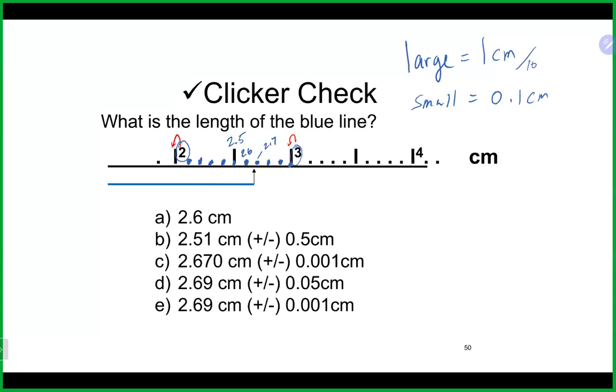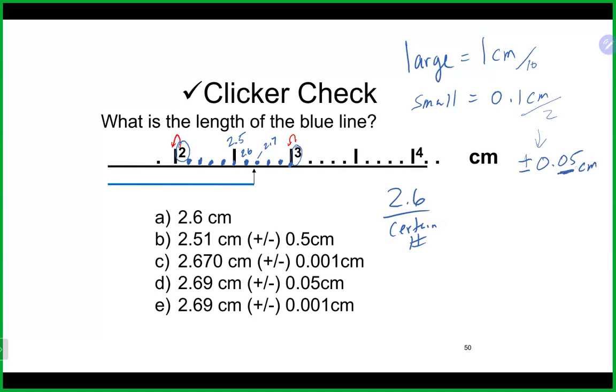We could clearly see, as we talked about, we want to record the certain numbers, so 2.6 definitely should be certain here. It is not exactly 2.7 in this case, and it's definitely past 2.6. We once again could take our smallest markings, divide it by 2, and that's going to tell us we should really take this reading to plus or minus 0.05 centimeters.